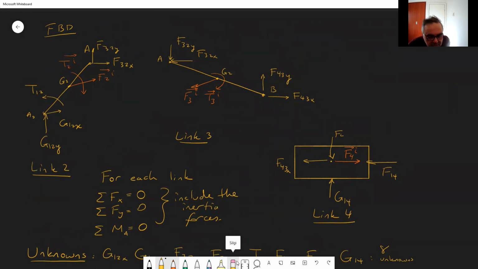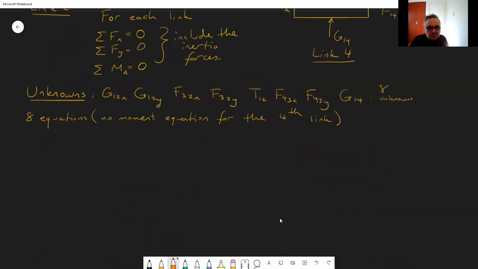And let's assume that the inertia force makes an angle of alpha 2. This really has become very slow for some reason.